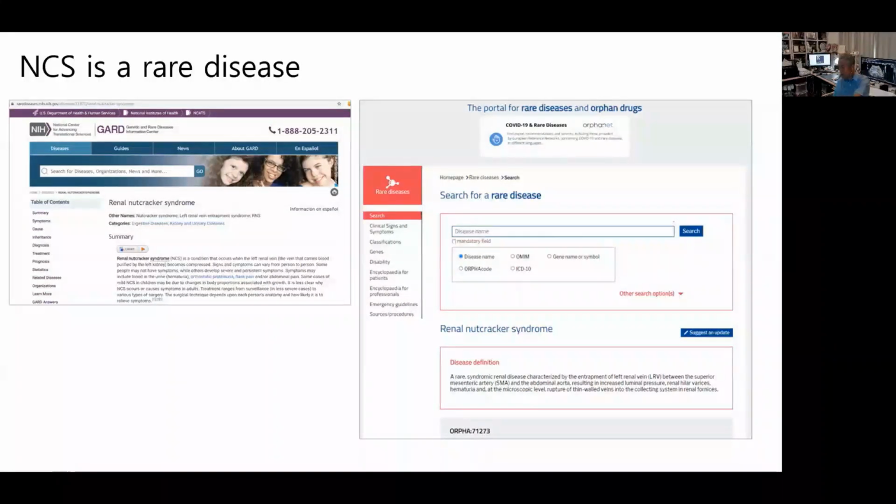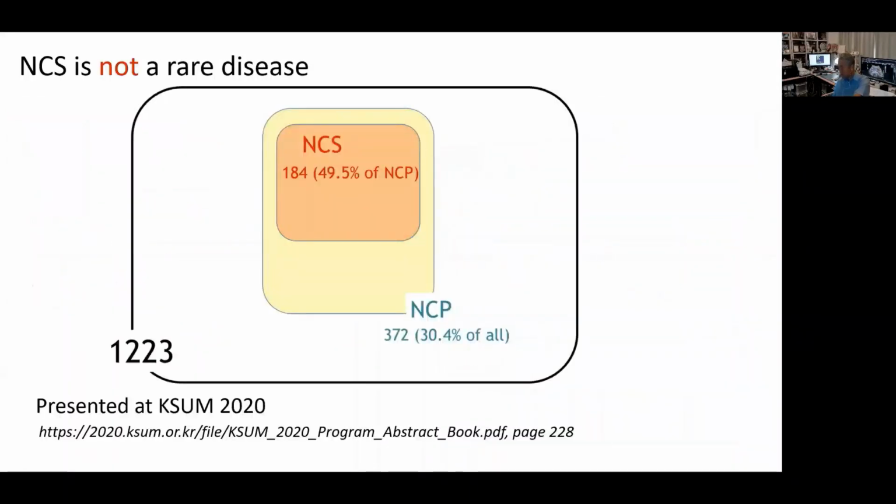My opinion is that Nutcracker phenomenon is a very common phenomenon, and Nutcracker syndrome is also quite common on the basis of my experience. I reported my experience regarding the prevalence of Nutcracker phenomenon and Nutcracker syndrome at the 2020 Annual Congress of the Korean Society of Ultrasound in Medicine.